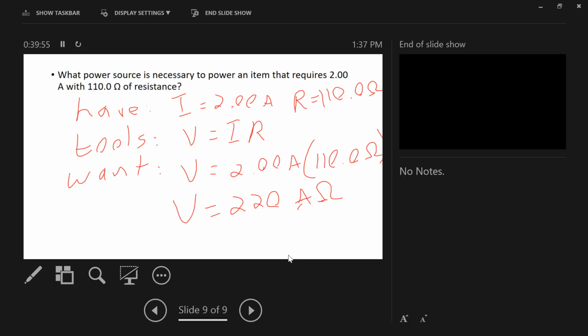Do we know current? We do. Do we know resistance? We do. And so we'll plug in our current of 2.00 amps. We'll plug in our resistance of 110.0 ohms. And we'll get that our voltage is equal to 220 amps ohms. And again, we won't convert that over to volts because it's not exactly a nice clean transition.